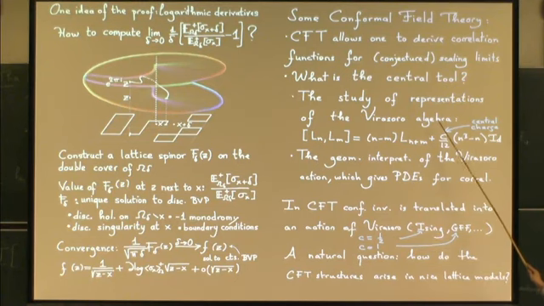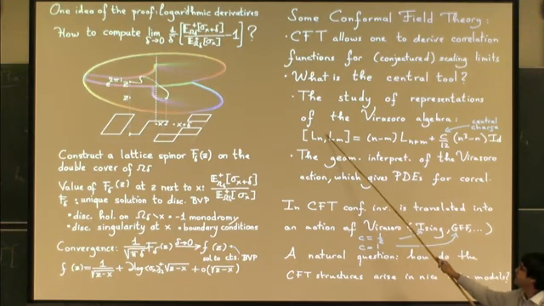For one thing, it is a purely algebraic theory, the study of representations of the Virasoro algebra. What is a Virasoro algebra? What is a representation of the Virasoro algebra? A representation of the Virasoro algebra is just a collection of operators, L_n, where n is an index that is a positive or negative integer.